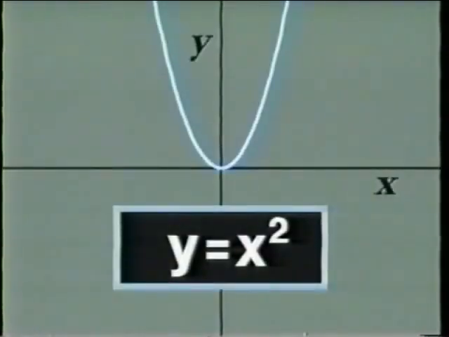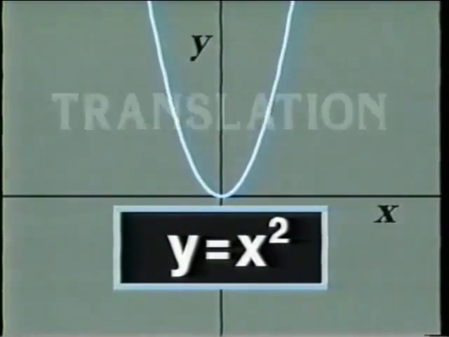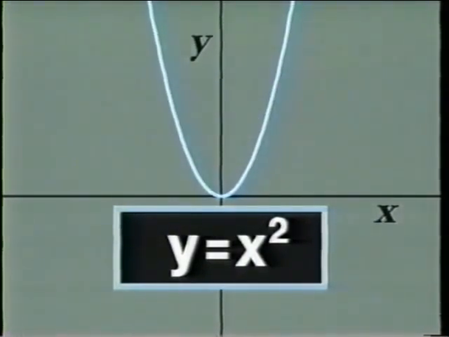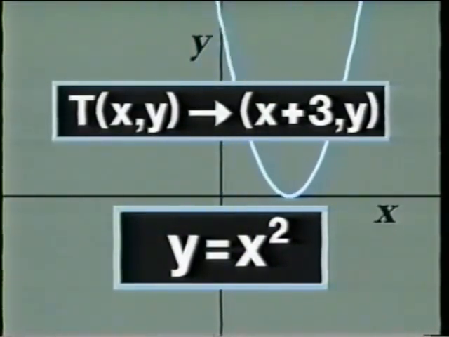As with other figures on the Cartesian plane, a translation can be used to move the original parabola to a different location on the grid. Let's apply a translation to the parabola. T maps (x, y) onto (x + 3, y), a slide 3 units to the right.